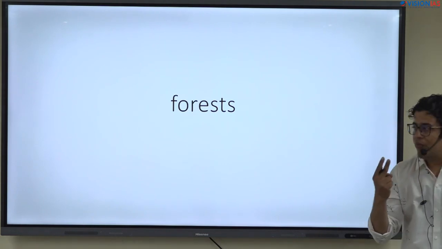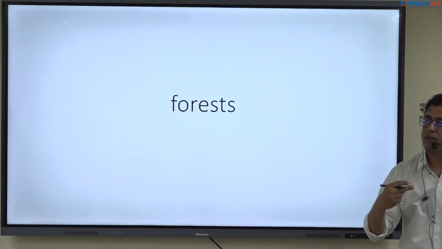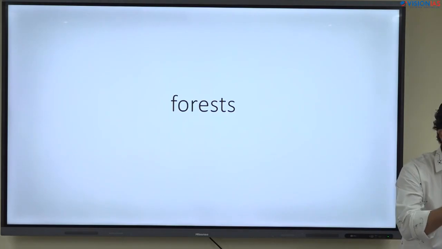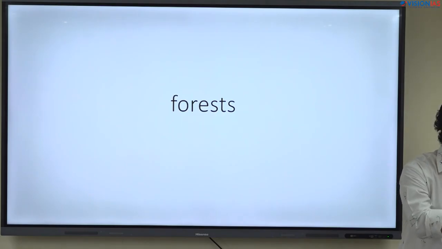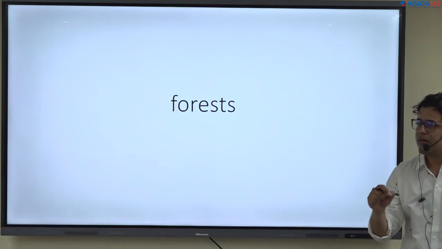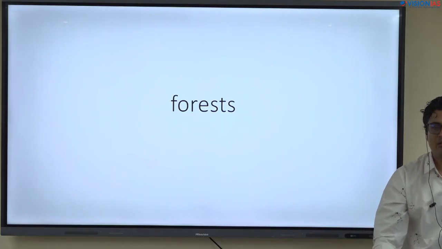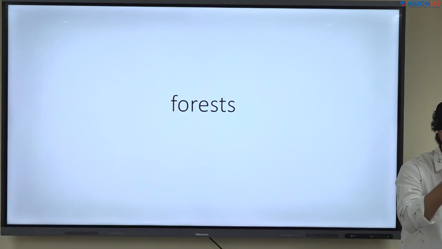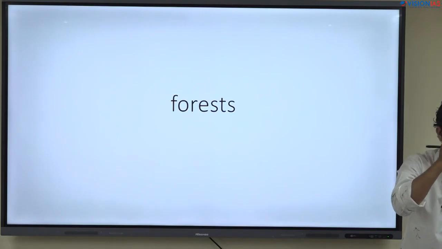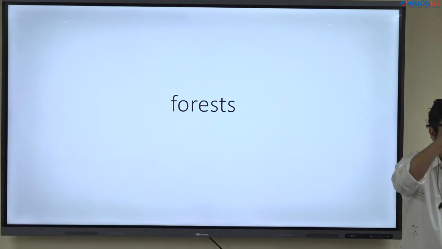Second, what else will play a role in the categorization of the forest? If you are in a plain region, the type of soil present there will decide the characteristic of the forest. And if you are in hills, your elevation will decide the category of the forest.